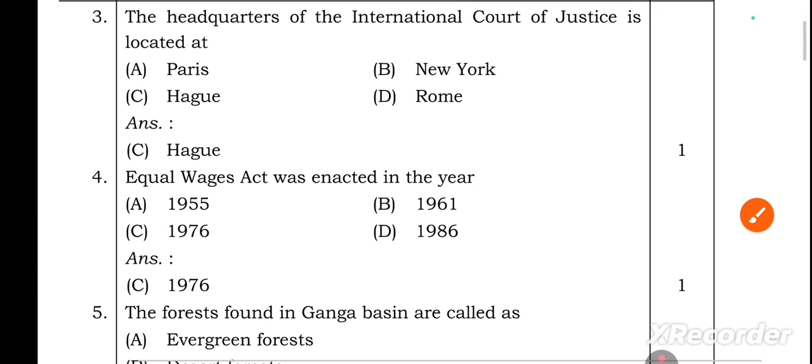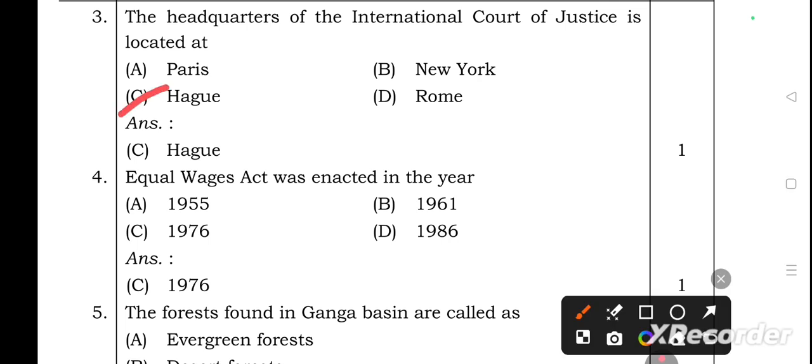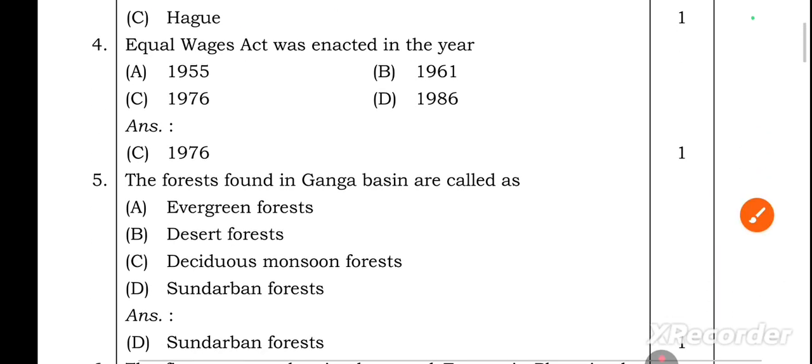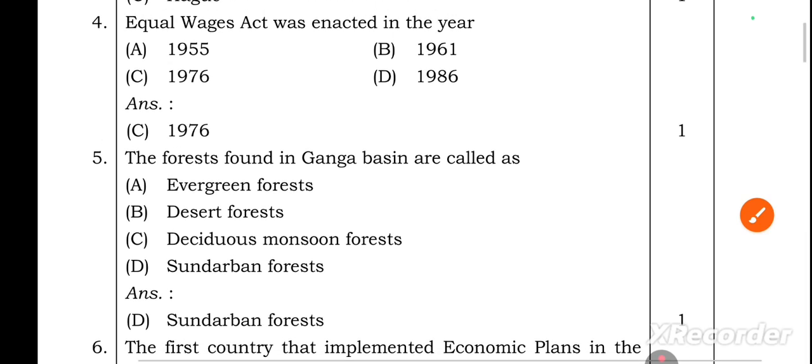Then question number 3, the headquarters of the International Court of Justice is located at: Paris, New York, Hague, Rome. The right answer is option C, Hague. Question number 4, the Equal Wages Act was enacted in the year: 1955, 1961, 1976, 1986.